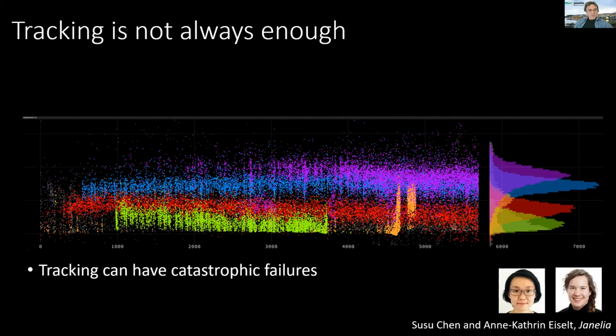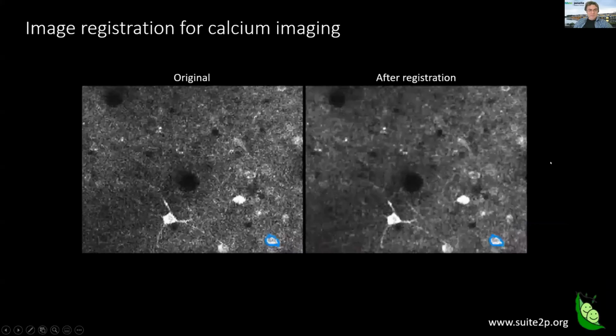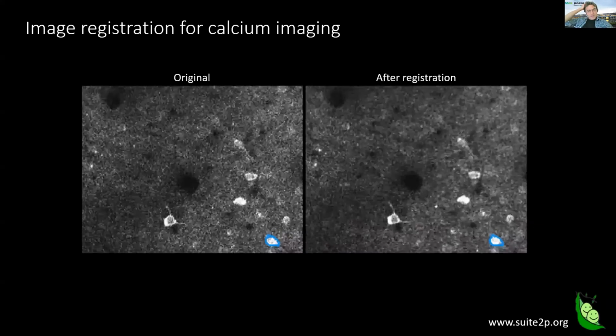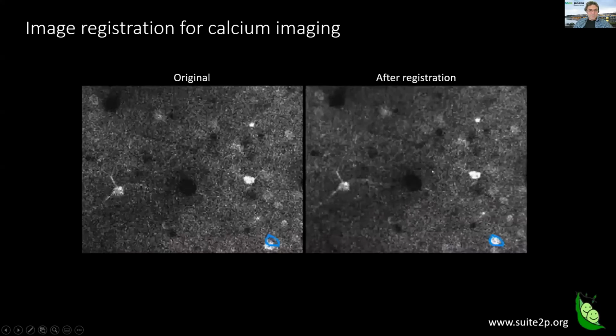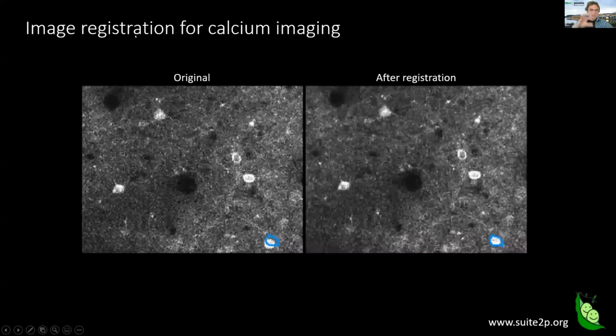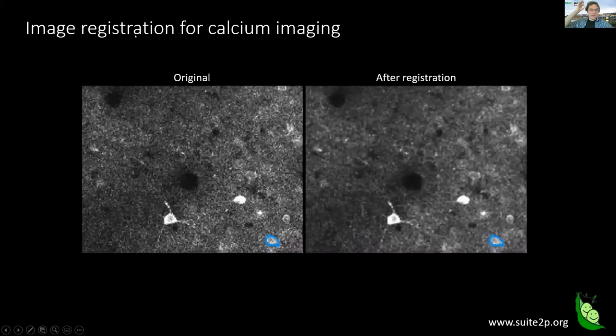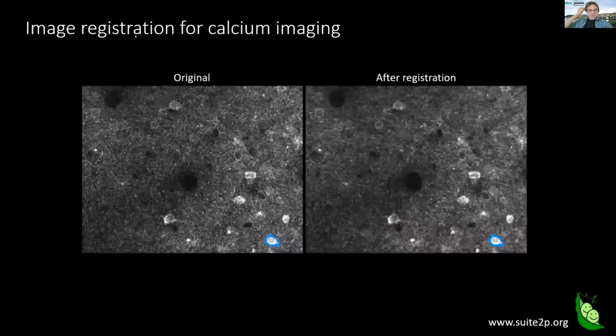And so we knew that this kind of failure could happen when you just have a tracking-based algorithm. And at that time, there was enough evidence that we would be able to do actual registration of it, just shifting the actual raw data. And so we went for it.